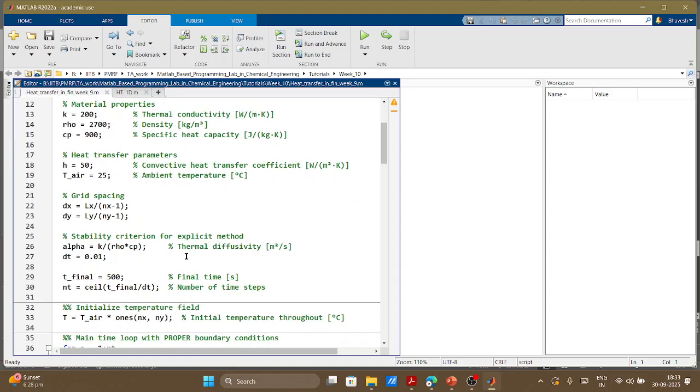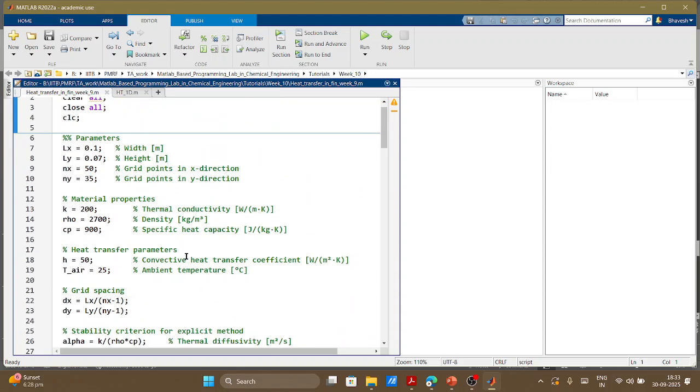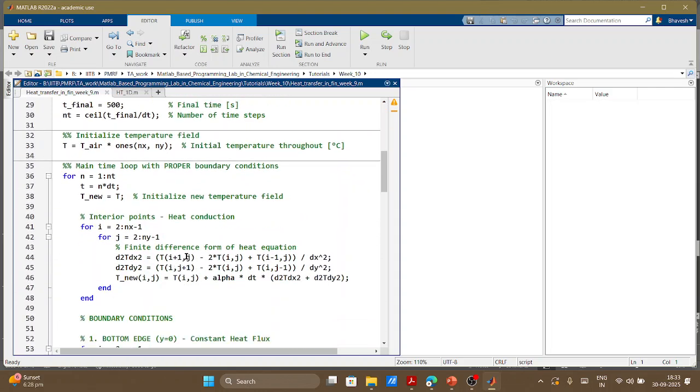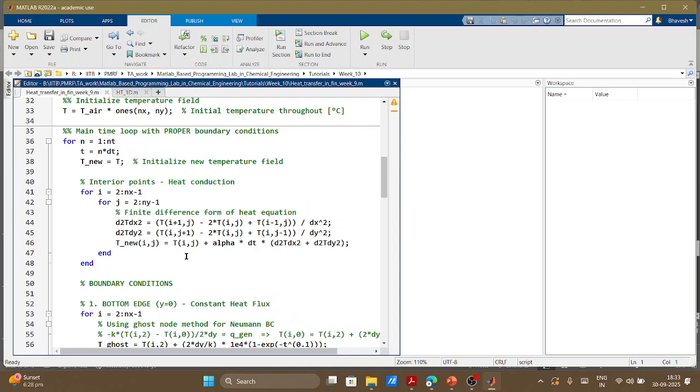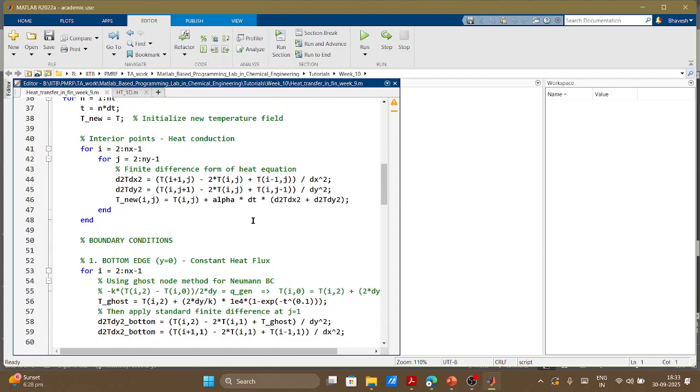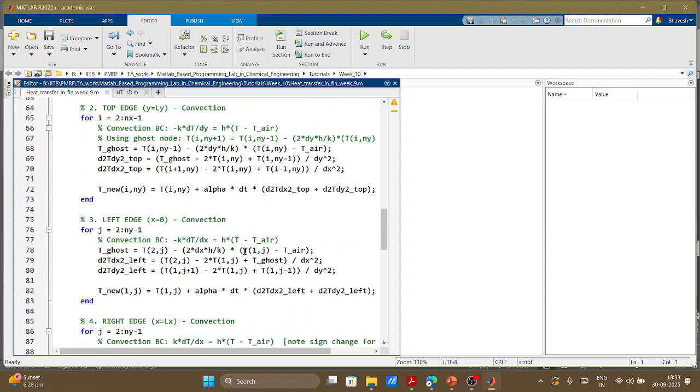Right. So this is the last week's class where we had discretized our two-dimensional film into multiple grid points, and at every grid point we computed the second order derivative with the finite difference method, and then moved ahead in time to find the next value, right?